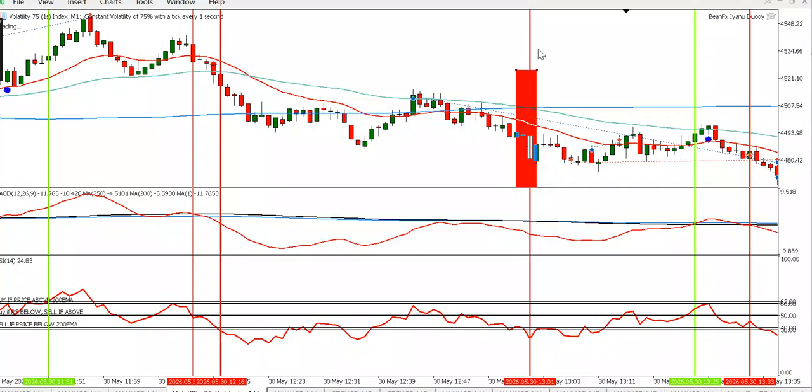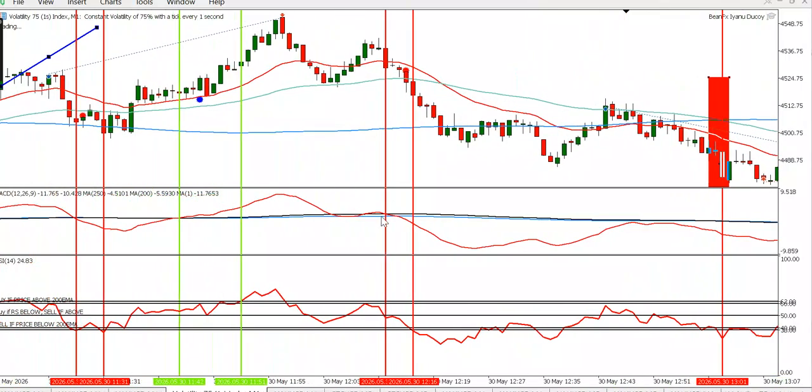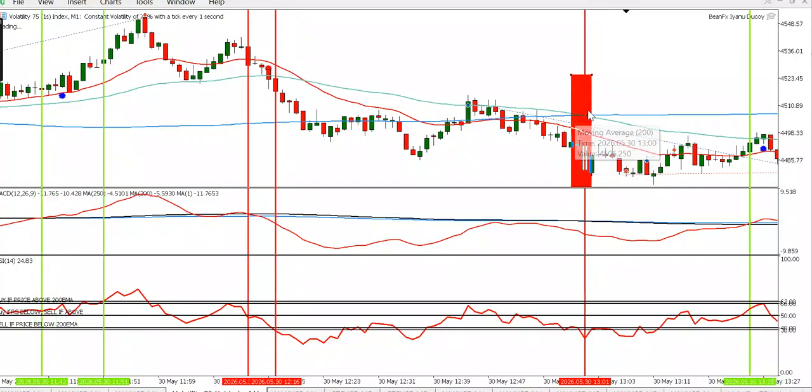Sell signal here. Sell signal here. 1, 2, 3. So here will be your confirmation. These two are the starting of the sell signal. For indicator window 1, this sell signal. For indicator window 2, this sell signal. For the main window, this sell signal. So confirmation is around here.